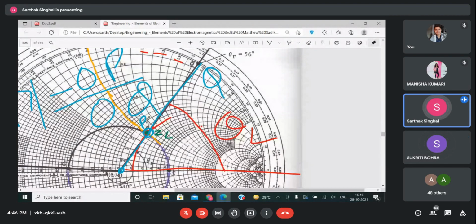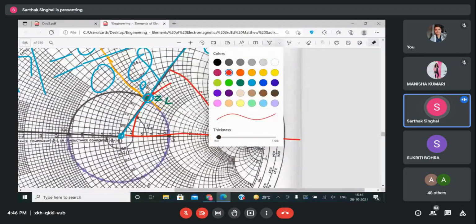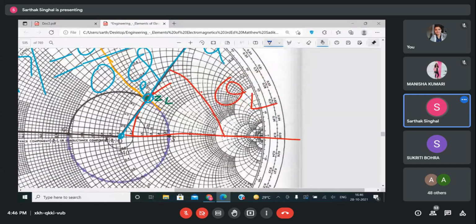Now, what is the second parameter which we have to calculate? VSWR. Now, by using OP as the radius, draw a circle, okay.